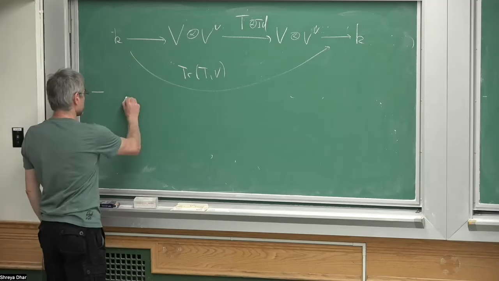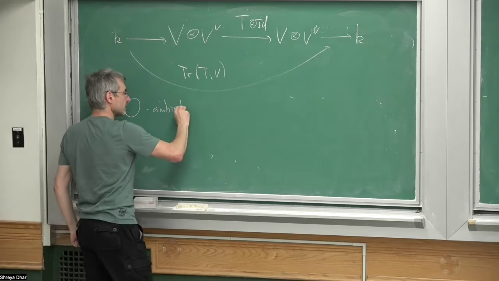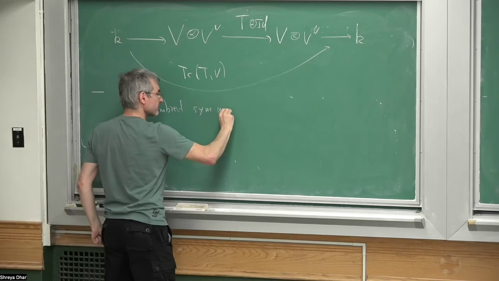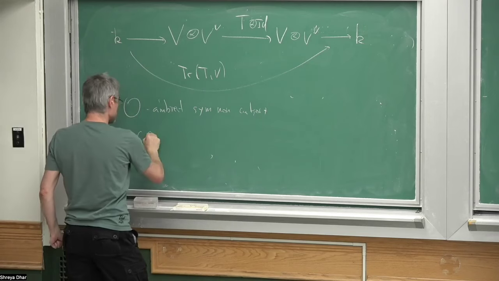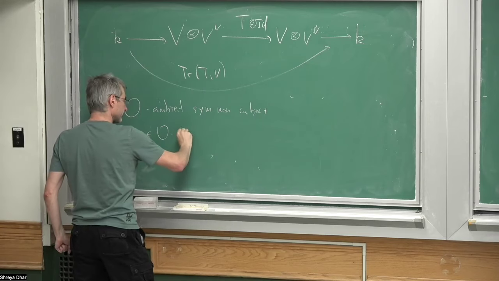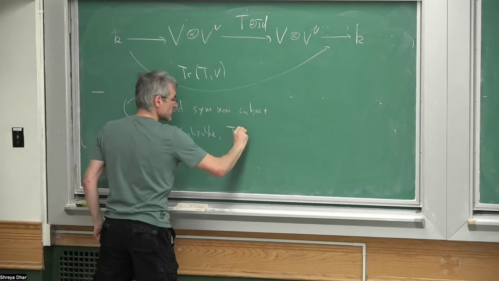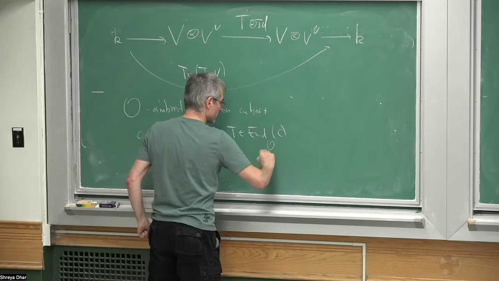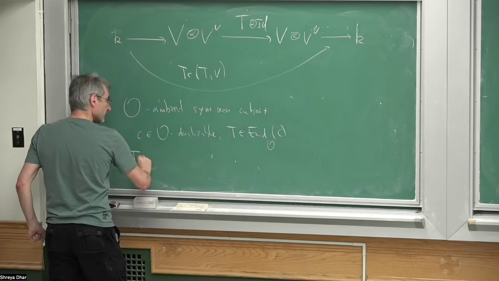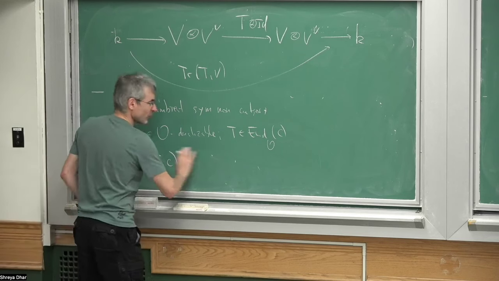So let's say O is an ambient symmetric monoidal category, C is a dualizable object of O, and T is an endomorphism of C. The trace of T on C will be what?